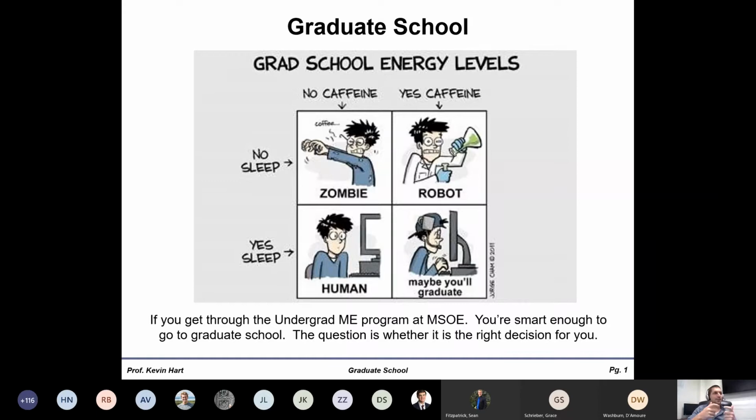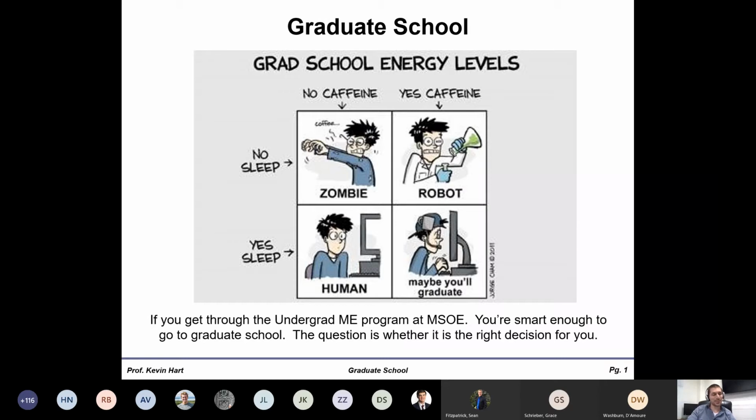But I think of the lowest level graduates coming out of Madison against, quote unquote, the lowest level graduates coming out of MSOE. The MSOE grads would crush the Madison low level graduates. I think if you make it through the ME program at MSOE, you are superior to some of the other schools. Let's just say that.